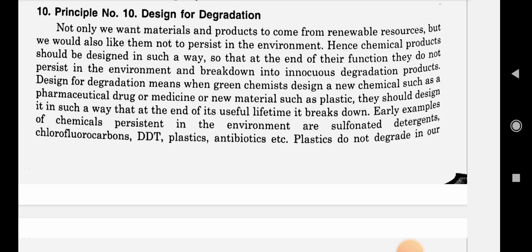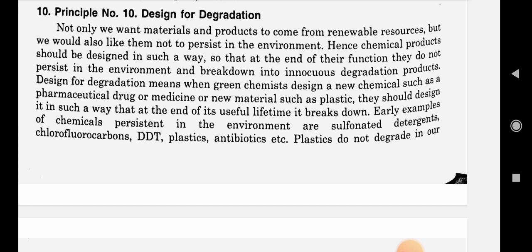Design for degradation means that when green chemists design a new chemical such as pharmaceutical drugs or medicines, or new materials such as a plastic, they should design it in such a way that at the end of its useful lifetime it breaks down.